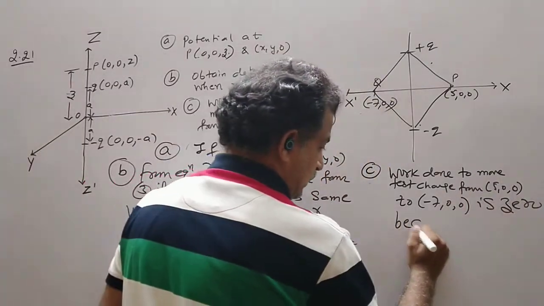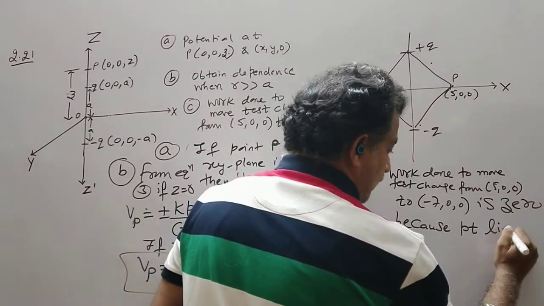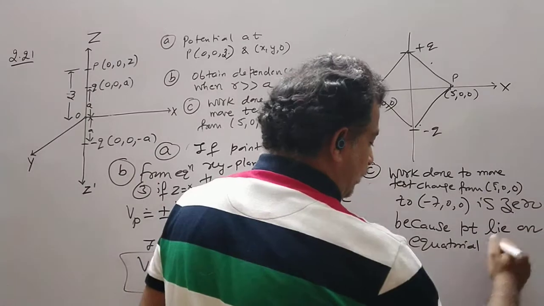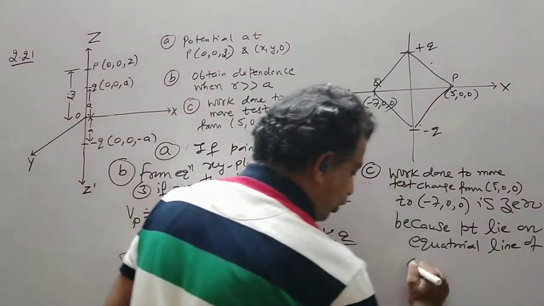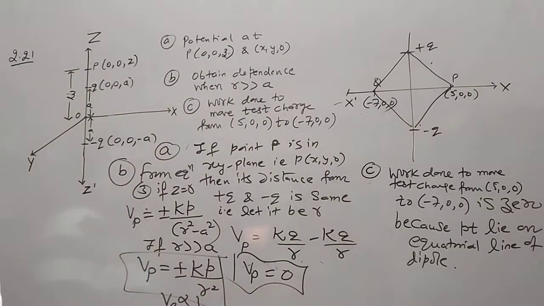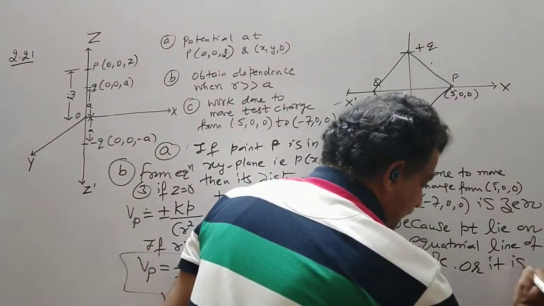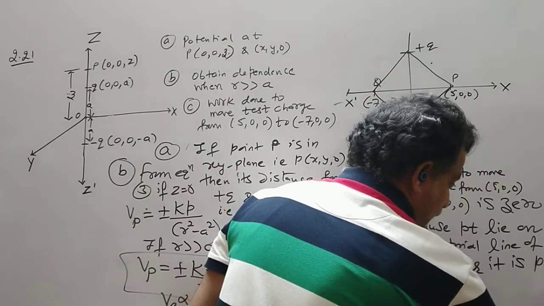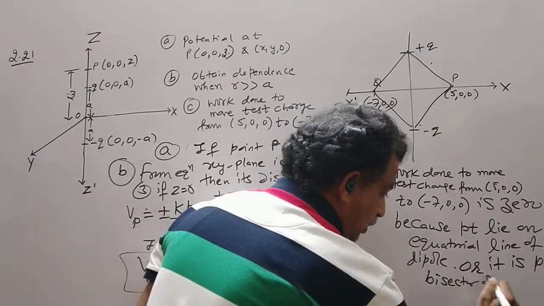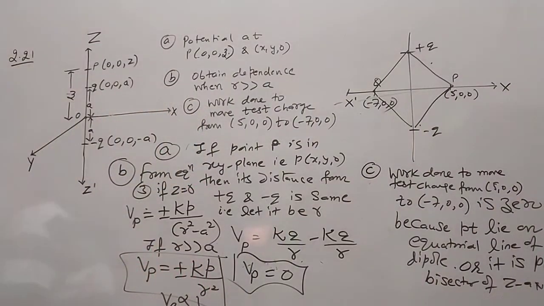Because the point lies on the equatorial line of a dipole, or we are moving along the perpendicular bisector of the z-axis.